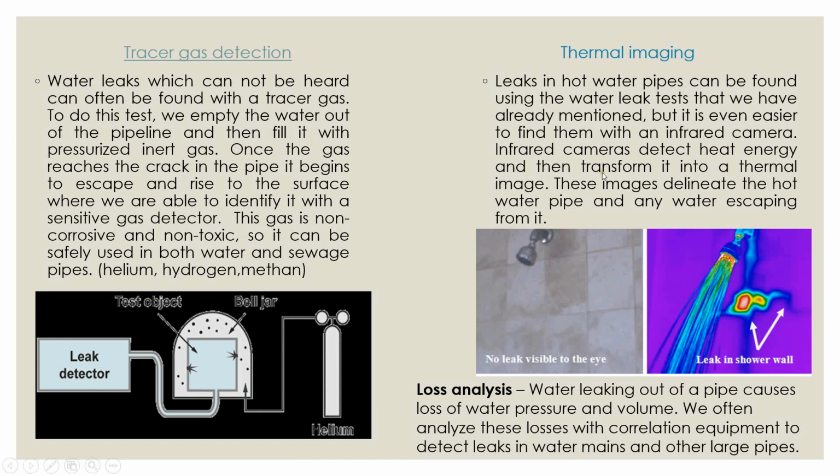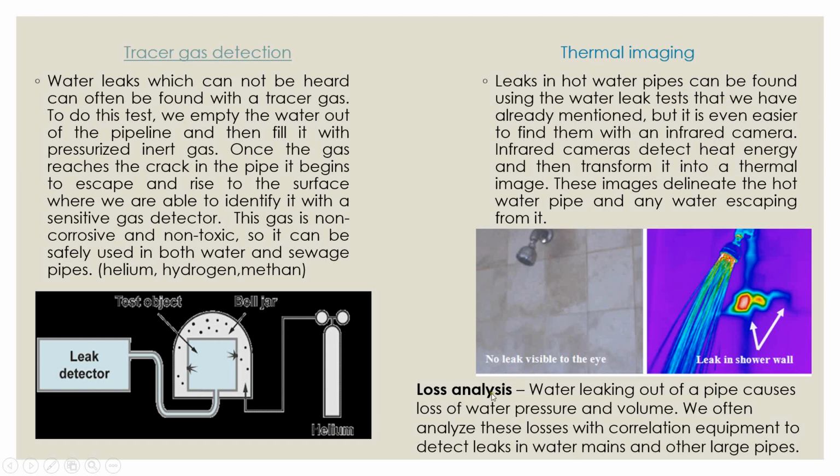Okay, so this is all about thermal imaging. Quite easy, but it does have some little cost with it, because of the infrared cameras. But you can treat it as a second option for identifying the leakages.